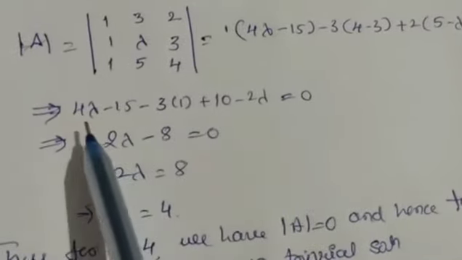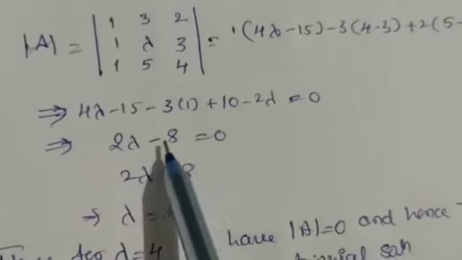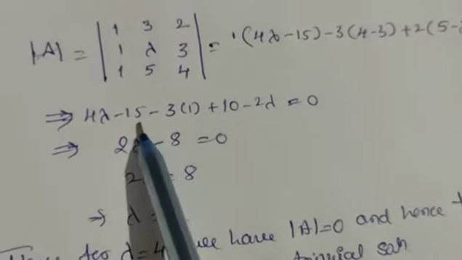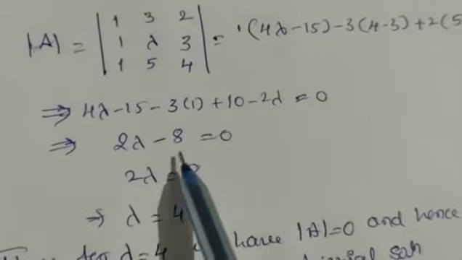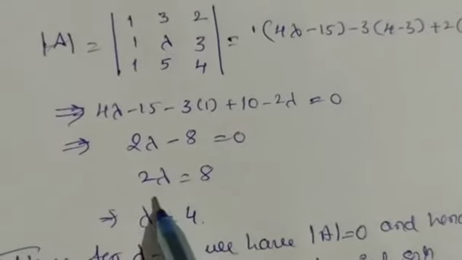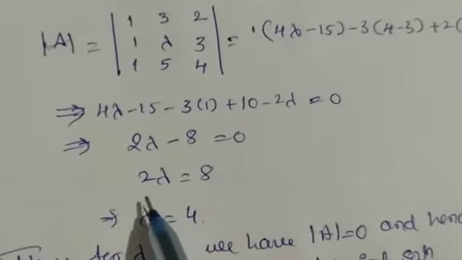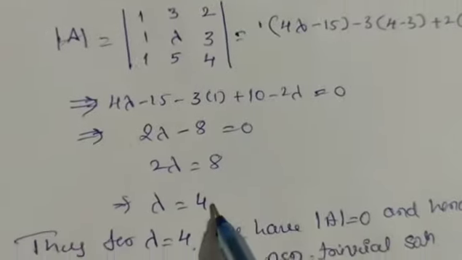So 4 lambda minus 2 lambda is 2 lambda, and minus 15 minus 3 is minus 18, plus 10 is minus 8, equals 0. So 2 lambda equals 8, on this side it becomes plus. So lambda equals 4.